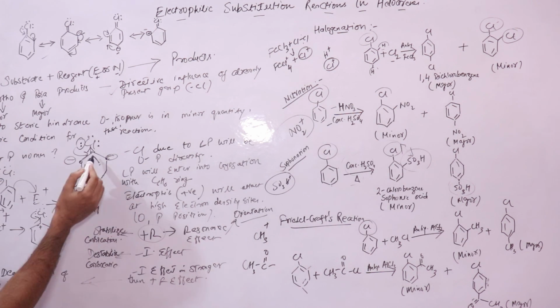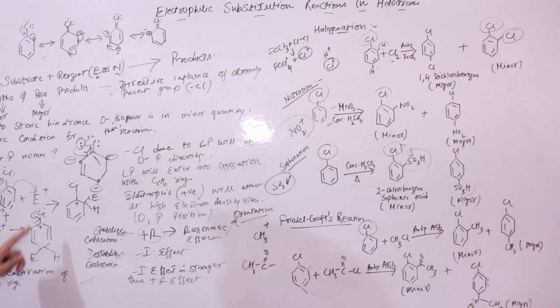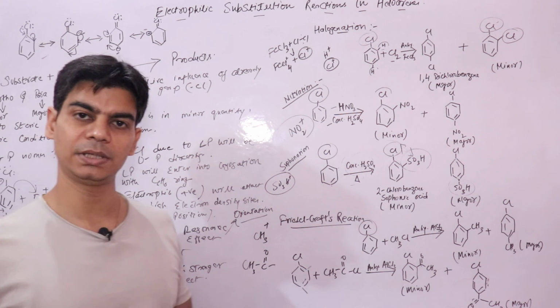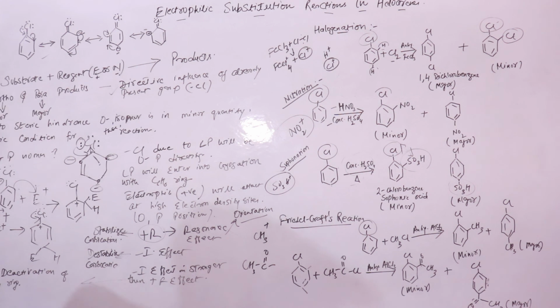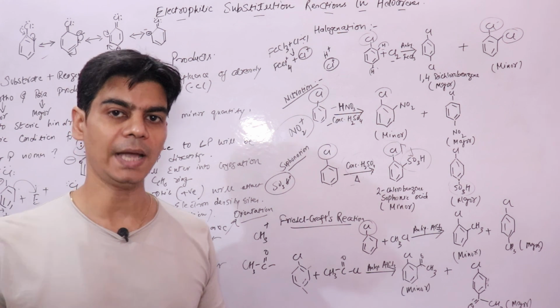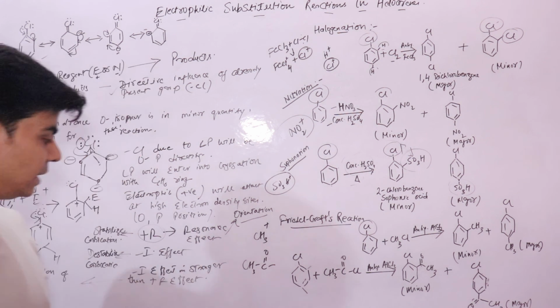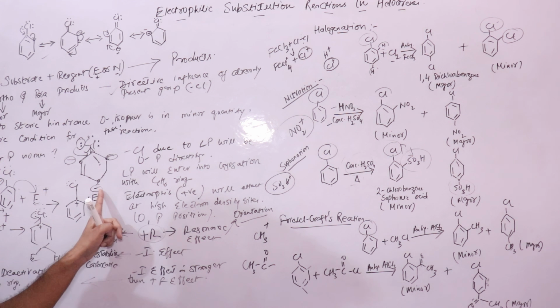Now what will happen to these reactions? We know that the electrophiles are attacking the ortho and para positions because they have high electron density. Now what this minus I effect is doing is withdrawing electrons, deactivating the ring, so it is lessening the negative charge on the benzene ring.